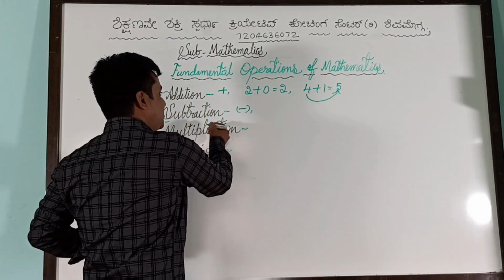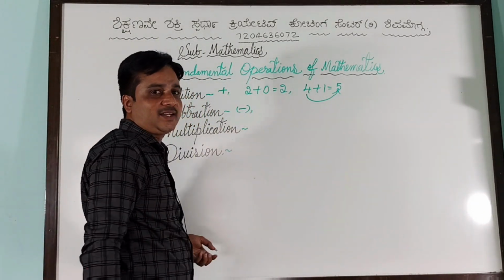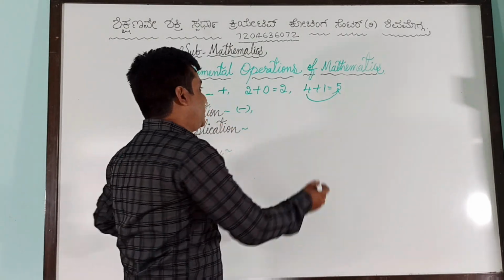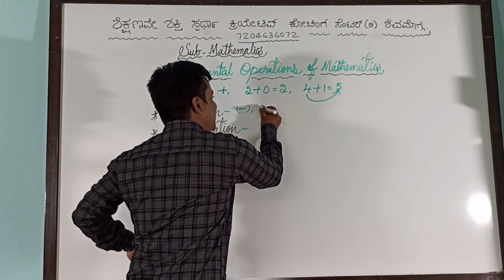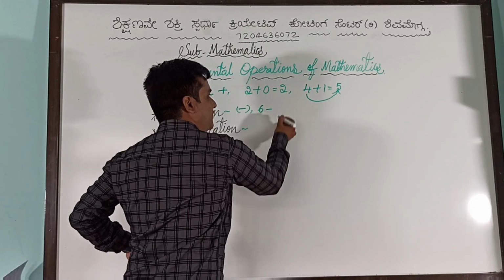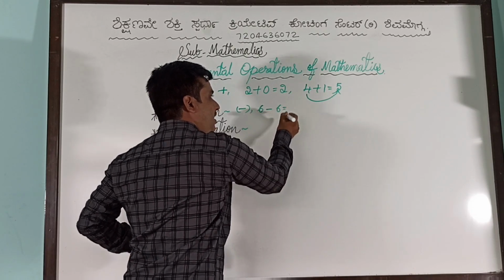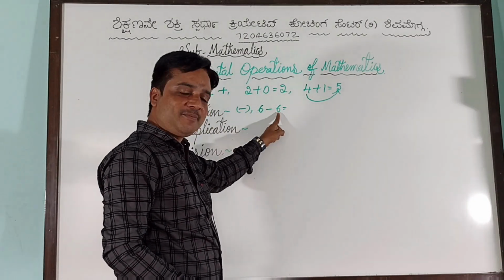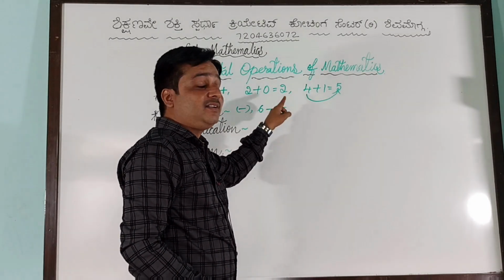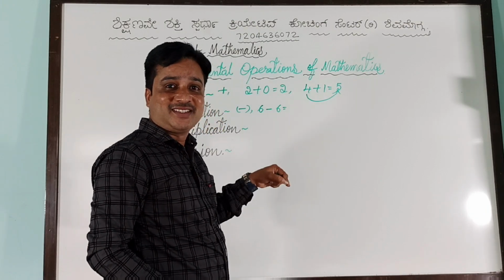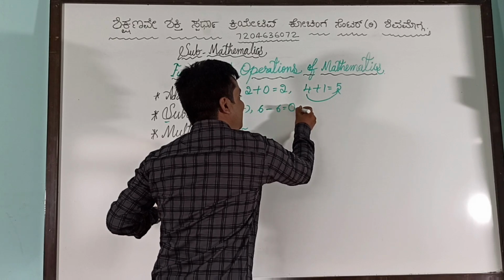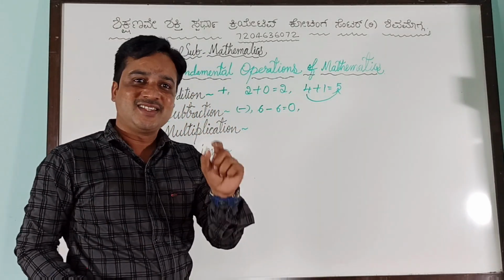Here see, the first property of subtraction is telling us what? In subtraction, any number, for example 6, subtracted from the same number or the number itself, the difference will come what? 0.